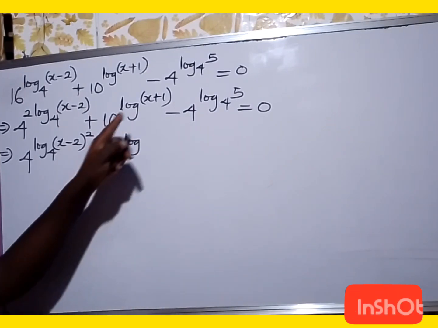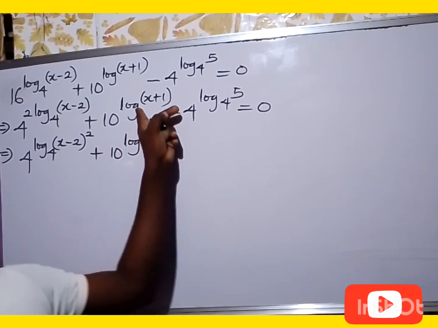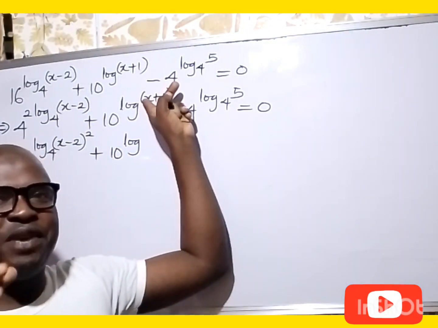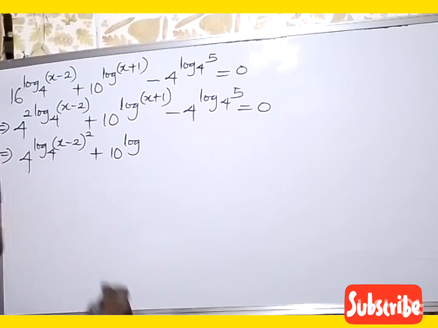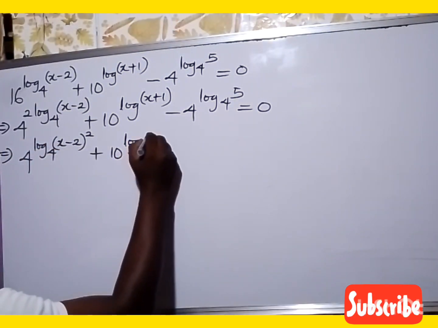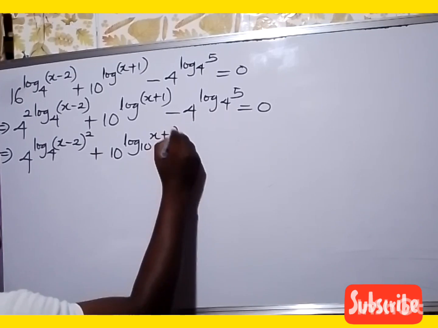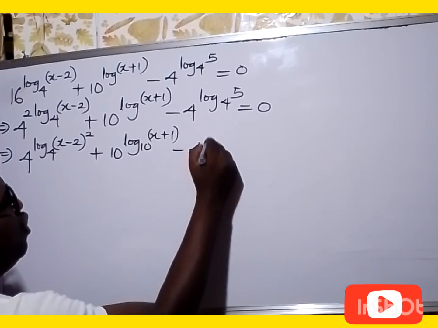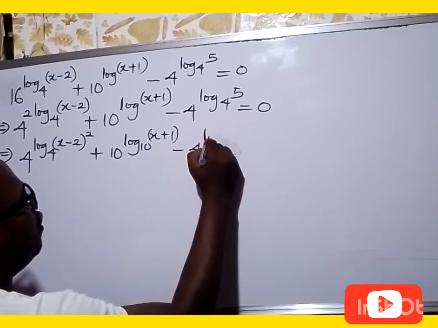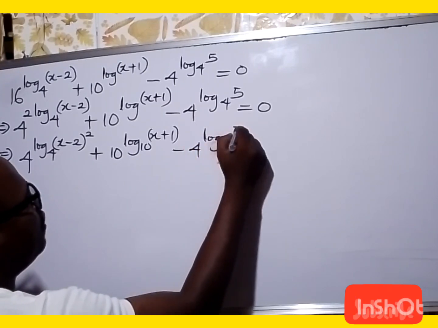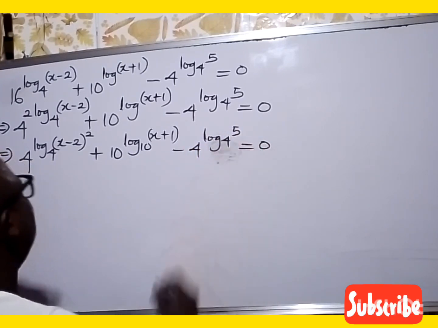There is no base here, but in our mind, we are going to assume that there is a base there, and the base we are going to consider there is 10. That means here I will have 10 (x plus 1), then minus 4 log, the 4 is power, log 4 5 is equal to 0.